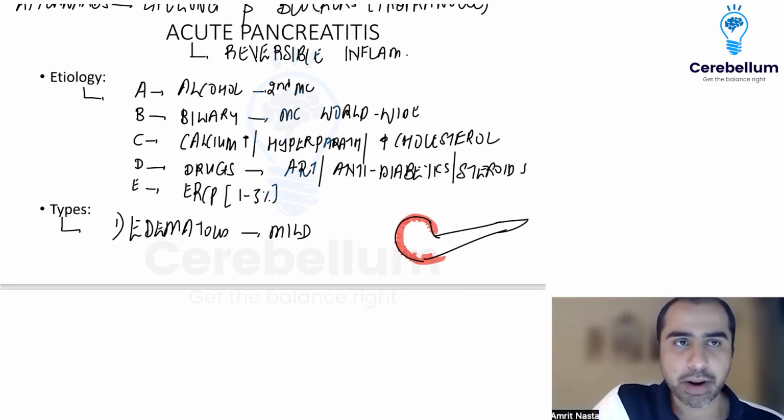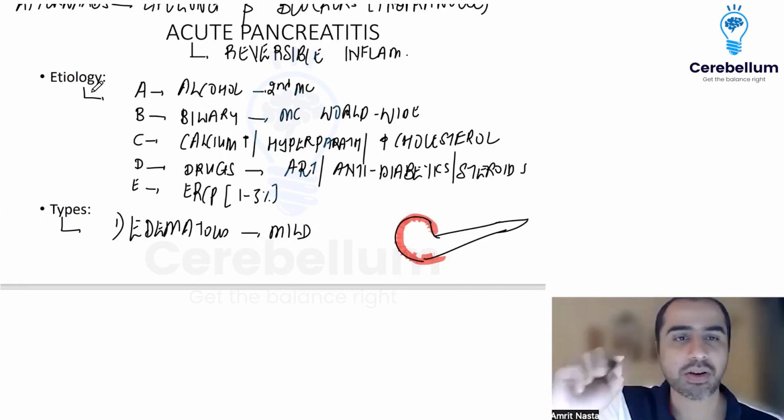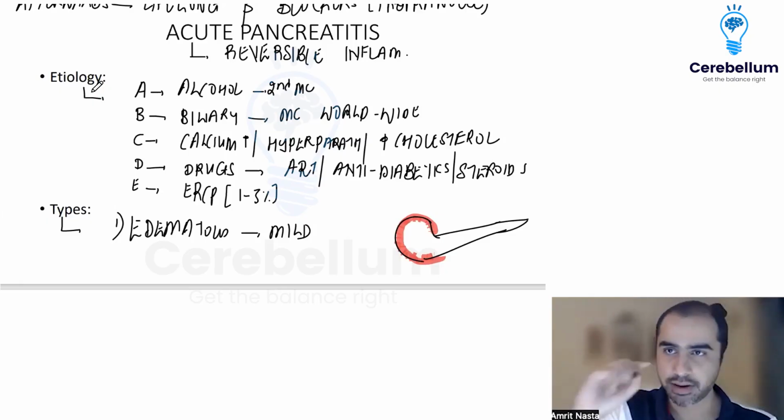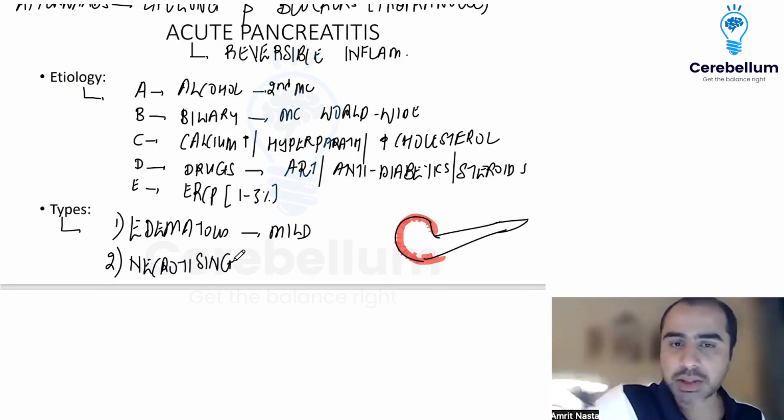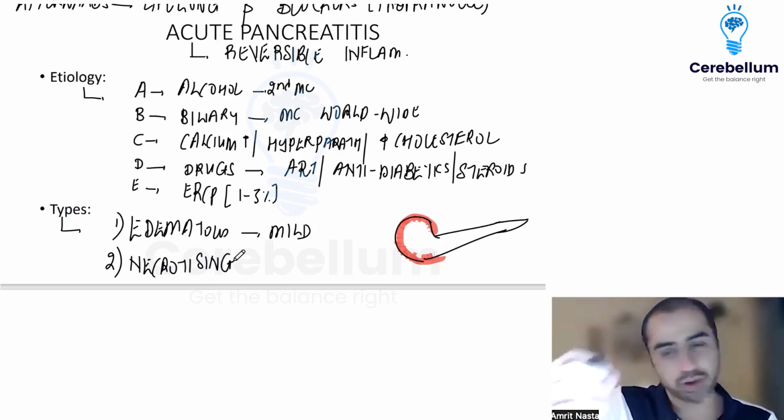However, if the pancreatitis doesn't resolve, or if the attack or the injury is very severe, then some part of the pancreas will start becoming ischemic. That is called necrotizing pancreatitis. This obviously is the irreversible part. If there is necrosis, that part which is dead is gone.